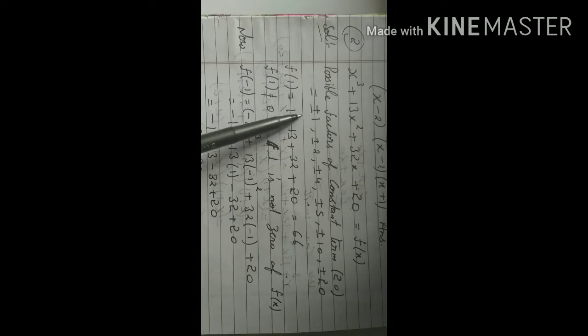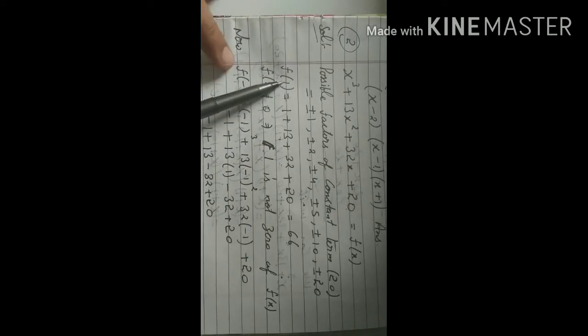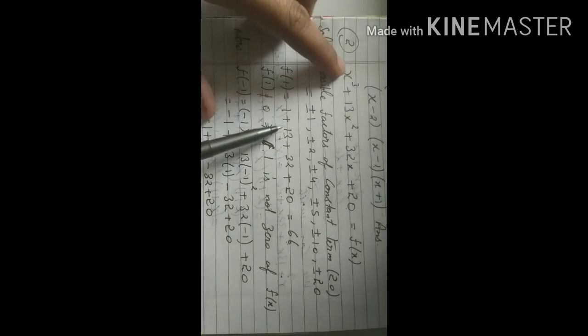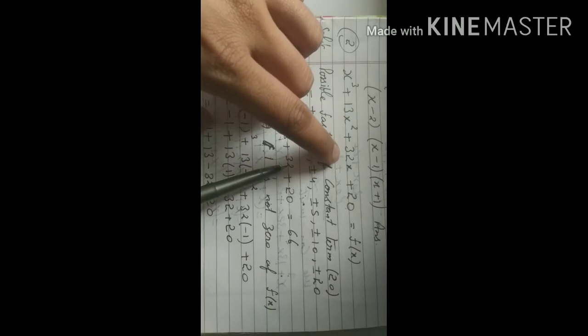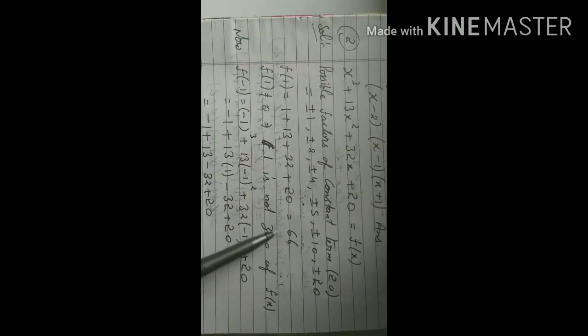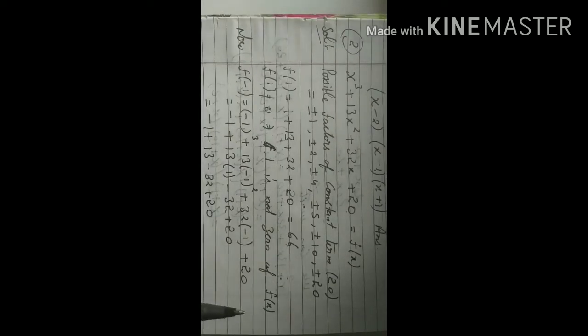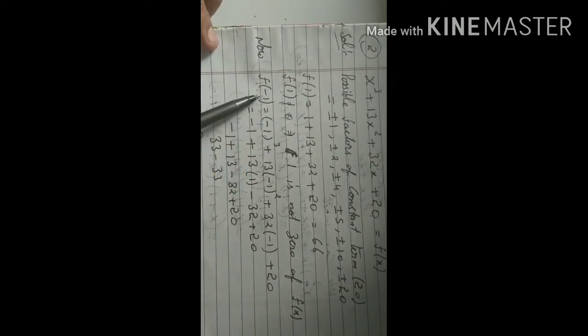If we start from 1, f of 1 is equal to 1 cube plus 13 into 1 square plus 32 into 1 plus 20. After adding these terms we get 66. f of 1 is not equal to 0, it means 1 is not a zero of f of x. Clear?